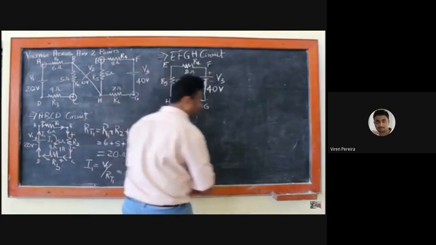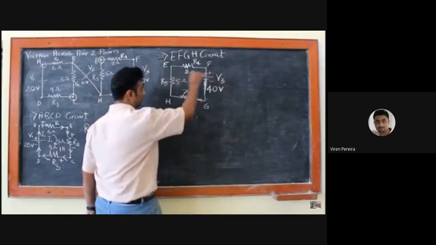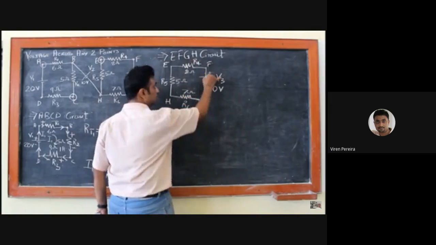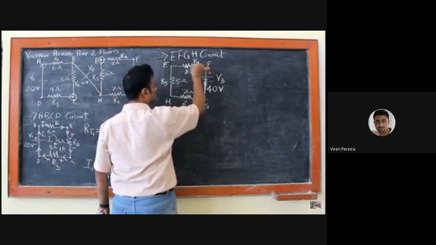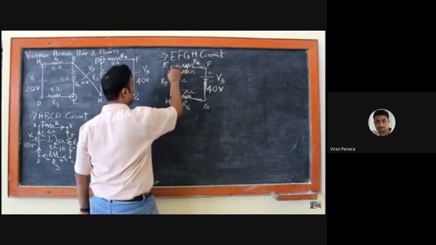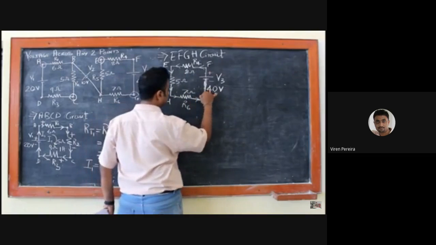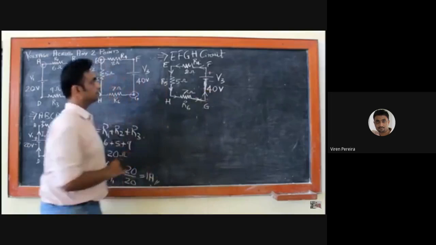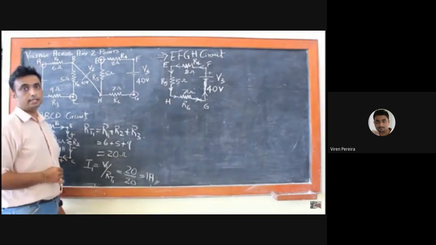Current flows in a voltage source from positive to negative. So there is a go and return path. So if it flows from positive to negative, my direction of current will be in the anti-clockwise direction.